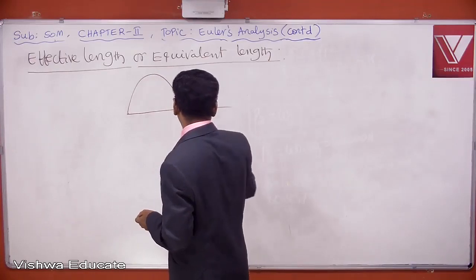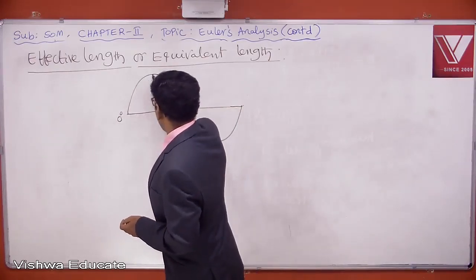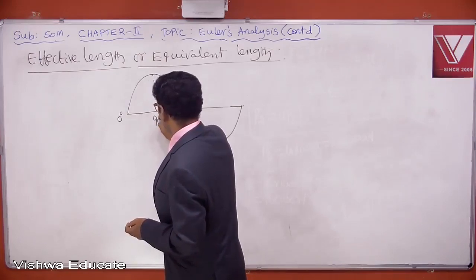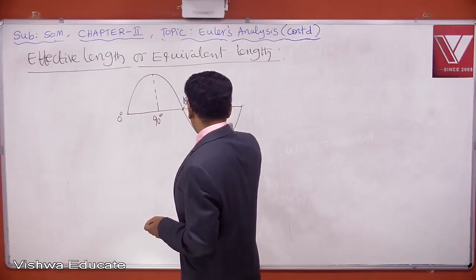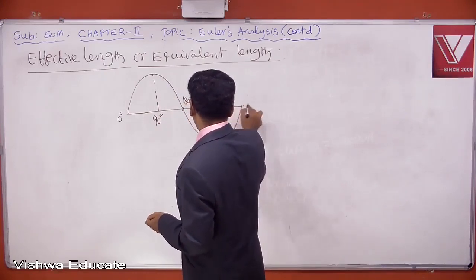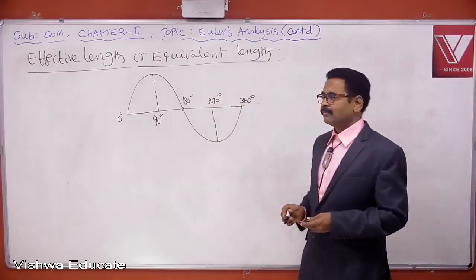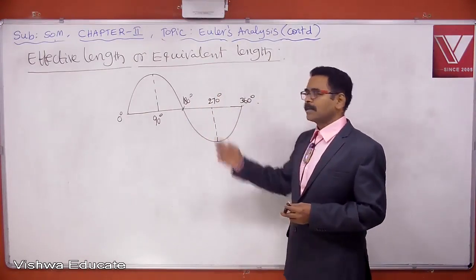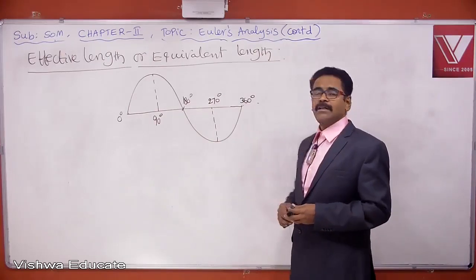This is sine wave. For one cycle, this is 0 degrees. This is 90 degrees. This is 180 degrees. This is 270 degrees. And this is 360 degrees. 0 degrees sine value is 0. 180 is 0. At 90, positive maximum. 270, negative maximum.